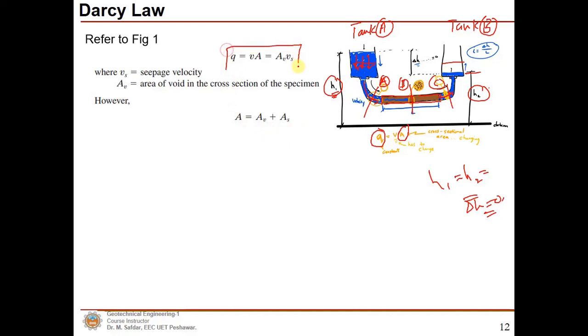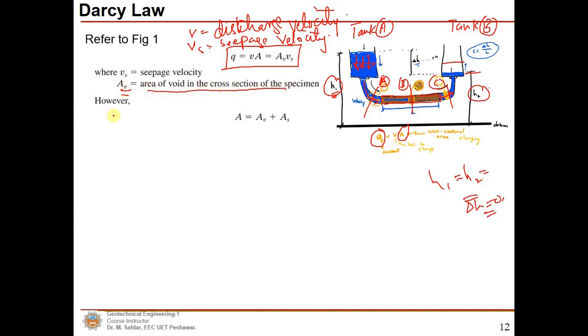Now mathematically we can also prove that the flow rate is equal to the discharge velocity times the area. Now V is the discharge velocity, and Vs we can call the seepage velocity. A sub v is the area of void in the cross section of the specimen, and we already know that the total area we can divide into area of voids and area of solids.